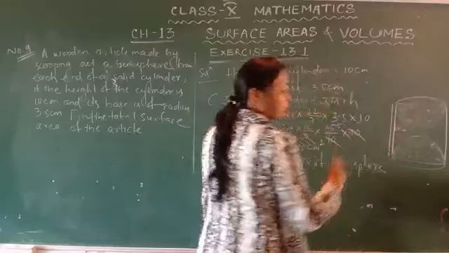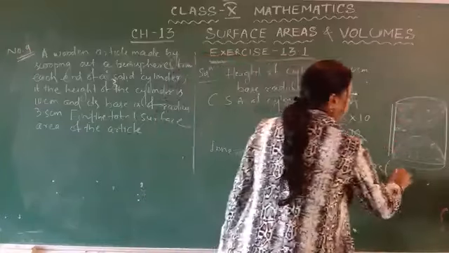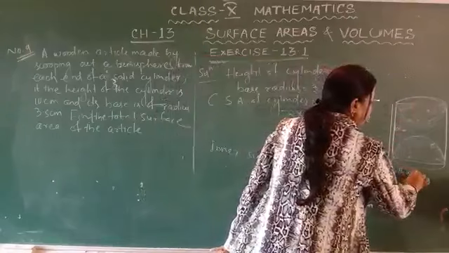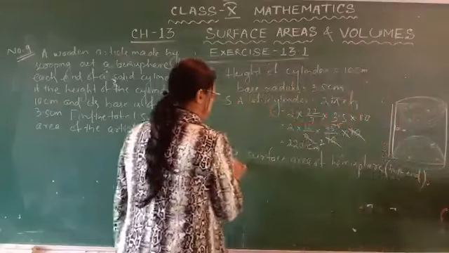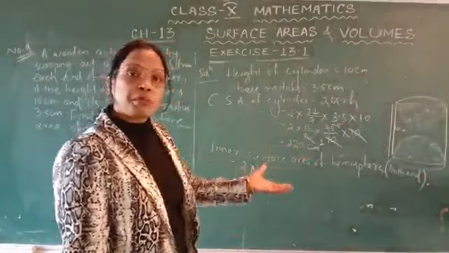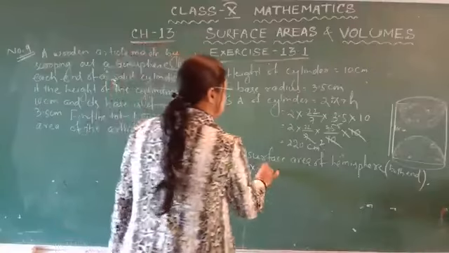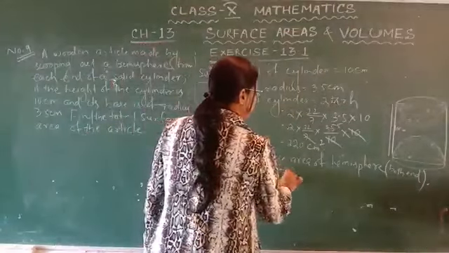So here are two hemispheres. So here also we can write inner surface area of a hemisphere, both ends. That means 2 into 2. So inner curved surface area of the hemisphere, I think all of you know that is 2 pi r square. So here we write 2 into 2 pi r square.